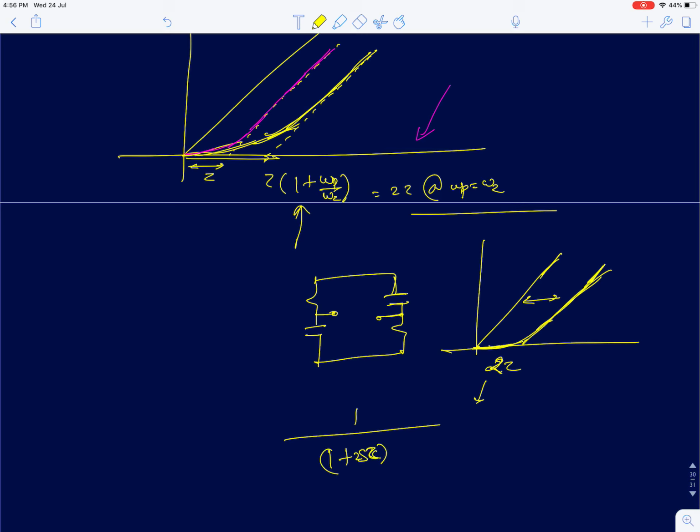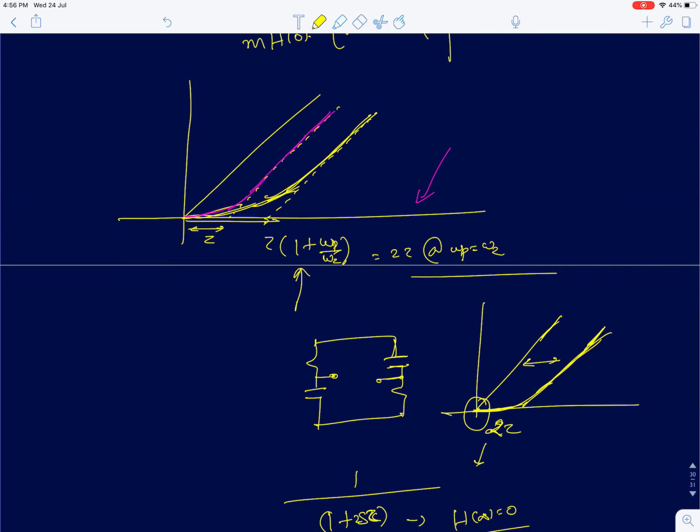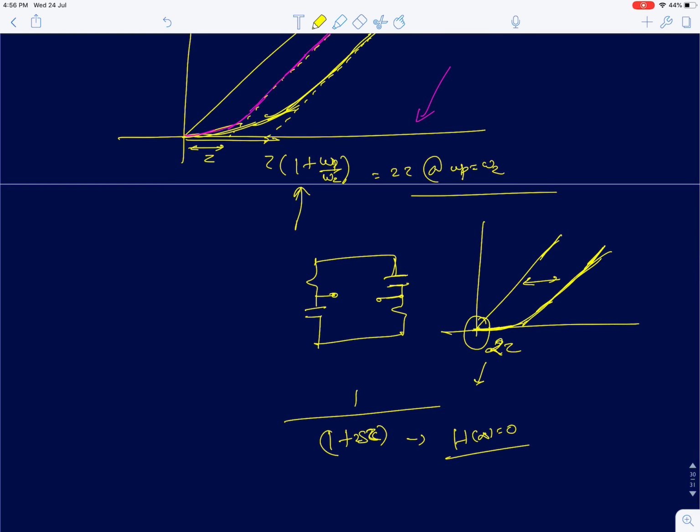There is a difference, and it comes in the behavior at the origin. For a purely first order low pass system, h infinity is 0. But for this system, h infinity is 1.